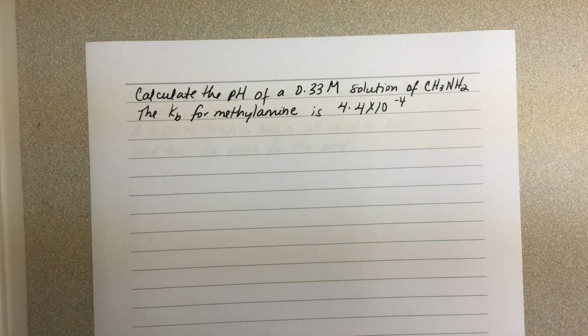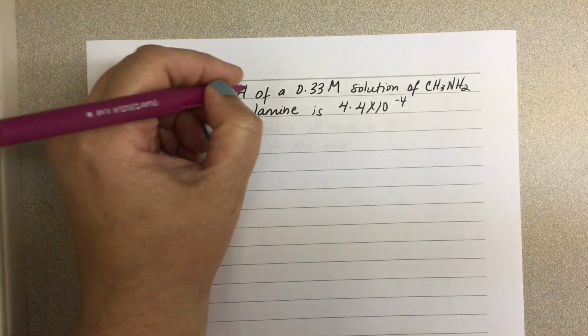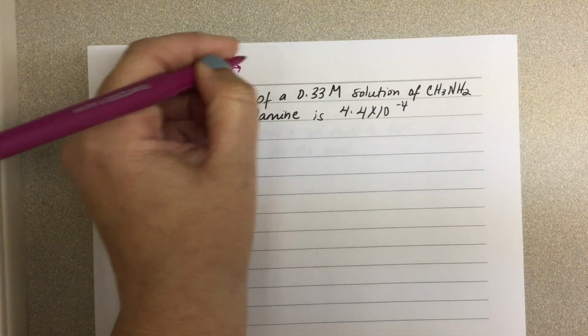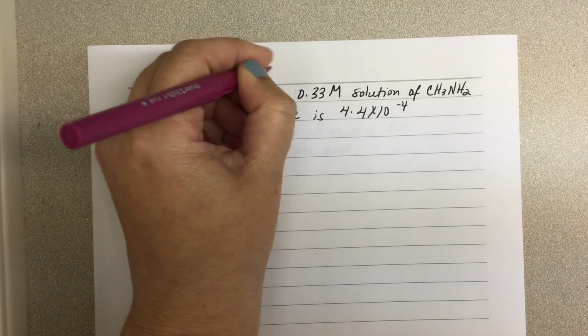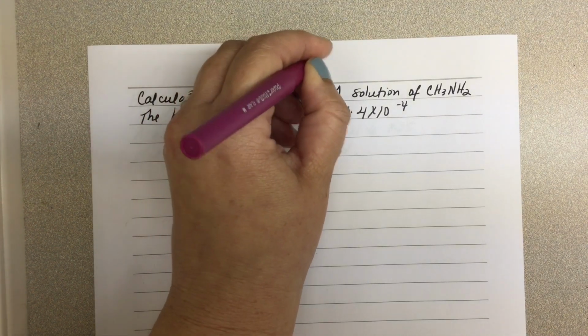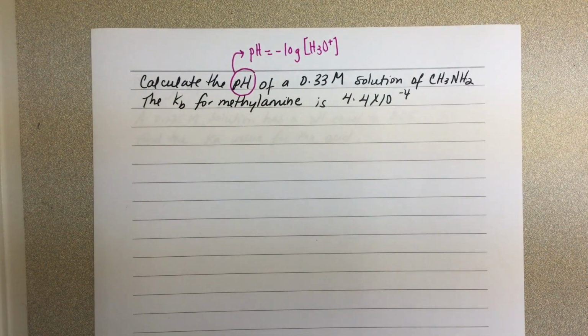So you're trying to calculate pH. And to calculate pH, ideally, you need hydronium. We're going to calculate pH in an indirect way.